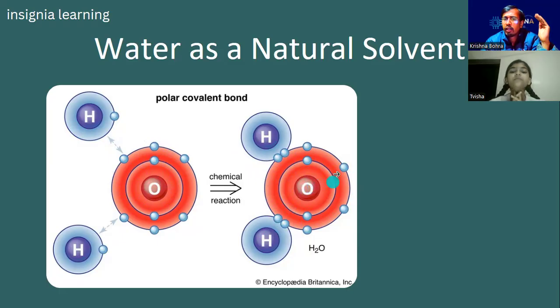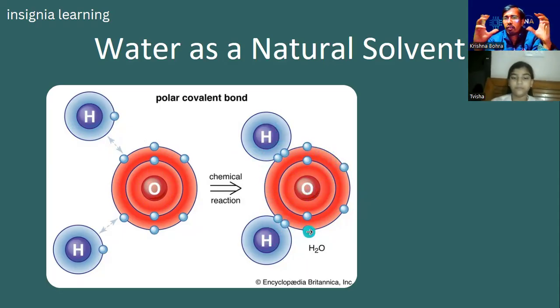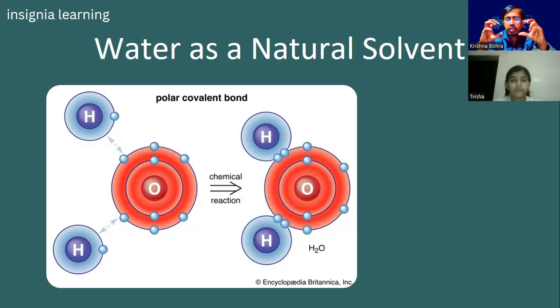In that way, it has greater electron availability as compared to the hydrogen. So this becomes a kind of polar tension, we can say. Oxygen takes the electron towards itself, and it becomes partially negative. So it creates a pole.